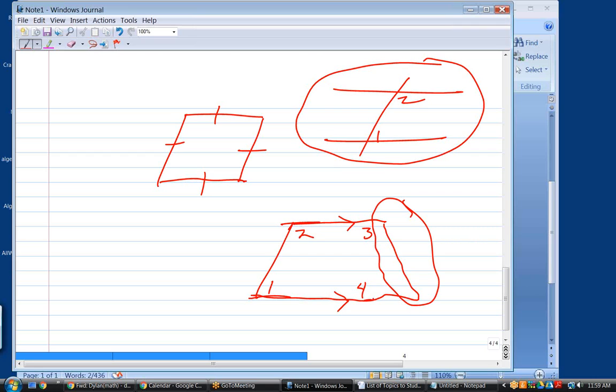Which tells me that there cannot be any fundamental relationship between 1 and 4. Unless it's an isosceles trapezoid, then I could say 1 is equal to 4. But if it's any kind of trapezoid that's just regular and you don't know anything about it, then I can't say anything about 1 and 4. They clearly are not supplementary because they're both acute.